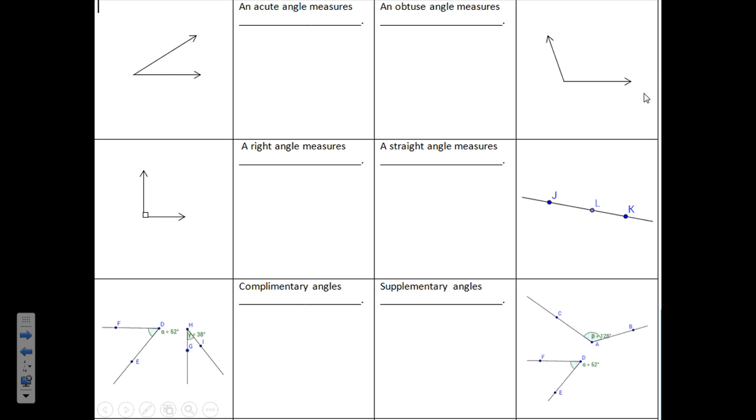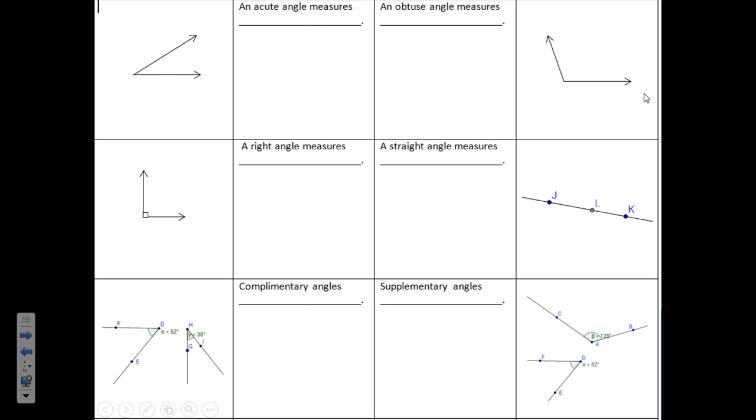So these are two opposite rays. They form a straight angle, and it measures 180 degrees. Remember that opposite rays were those rays that went in opposite directions. They had a common vertex, and they formed a straight line.